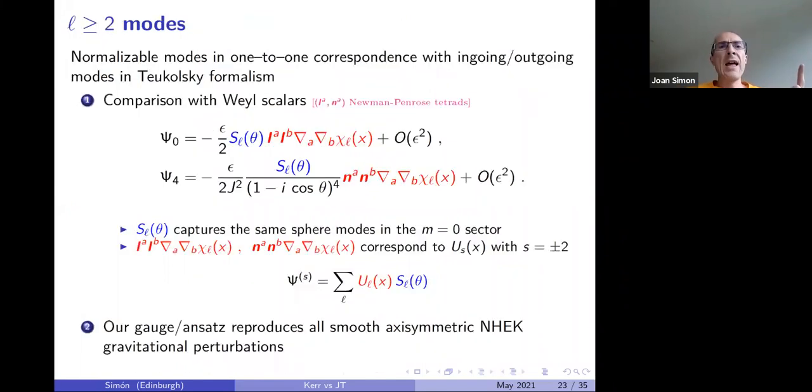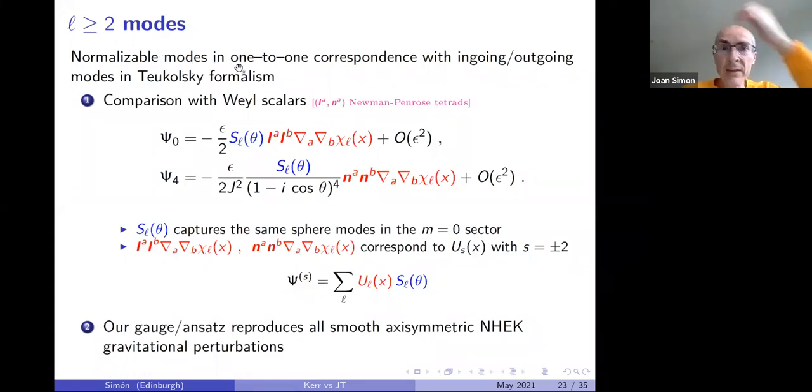Now, all these modes are normalizable. These are the modes that people have found in GR, actually, and we wanted to check. So this is not a new result, I should stress this, but we were reproducing this in our formalism. That's the way I should have phrased it.